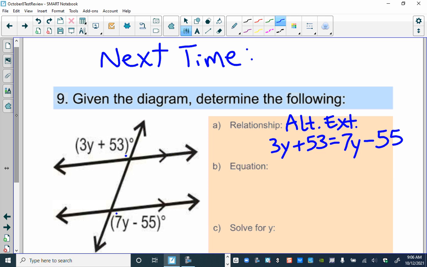I'm just going to tell you what the relationship is. So the relationship between these two angles is alternate exterior. There's your equation. You will try this on your own. We're on the next page.